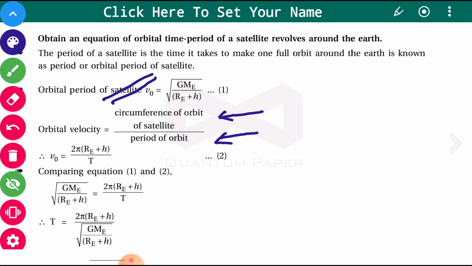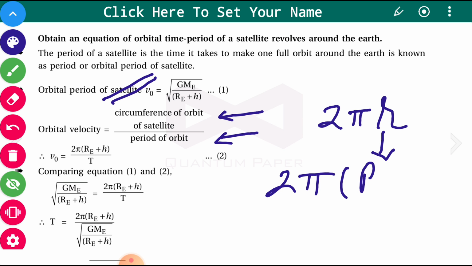So v0 is equal to 2 pi r, because the circumference of a circle is 2 pi r, and instead of r we write Re plus h. So it becomes 2 pi (Re plus h) divided by the time period.